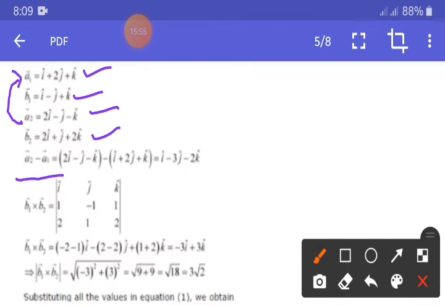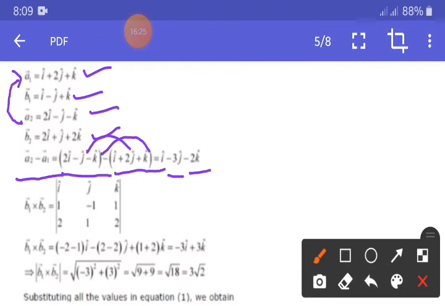A2 vector minus A1 vector is 2i cap minus j cap minus k cap minus of i cap plus 2j cap plus k cap. Then we have 2i minus i, minus j minus 2j is minus 3j, minus k minus k is minus 2k.